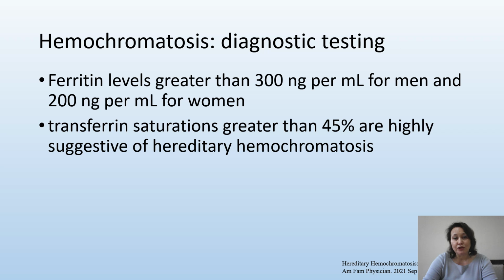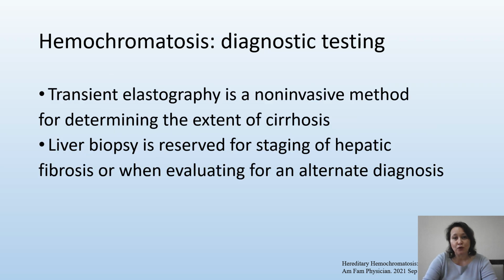For diagnosing hemochromatosis, we use first of all an increase in ferritin level greater than 300 nanograms per milliliter for males and higher than 200 nanograms per milliliter for women. Transferrin saturation greater than 45% is again one of the diagnostic criteria of hemochromatosis.